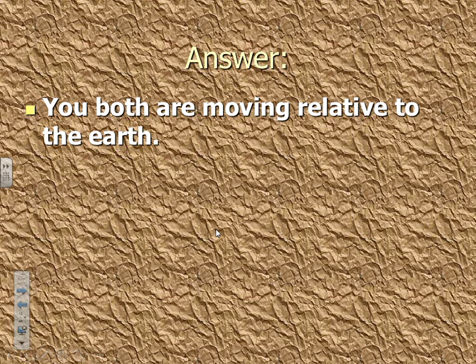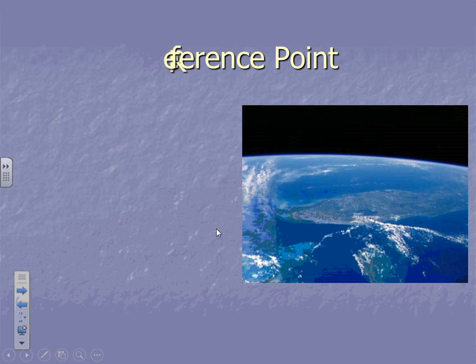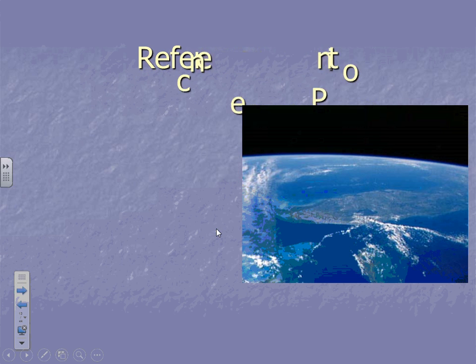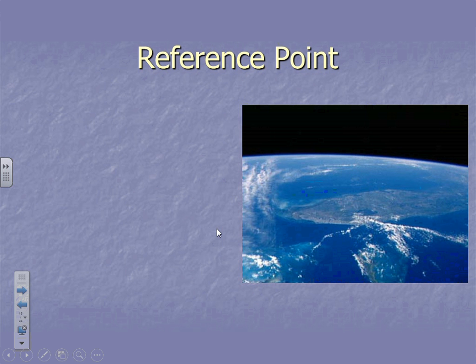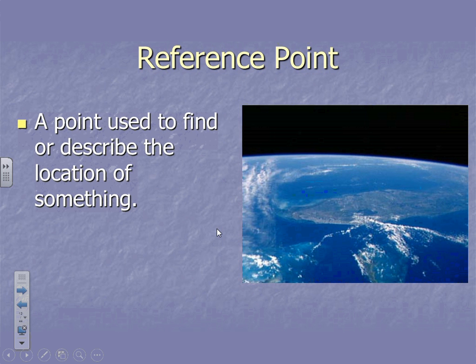Okay, how are we determining whether we are moving or not? And here's the answer. We have to look at something called the reference point, with awesome animation. Thank you, Mr. Osterman. Now, a reference point is a point used to find or describe the location of something. It's that fixed point where we can say, okay, you are moving relative to that point.